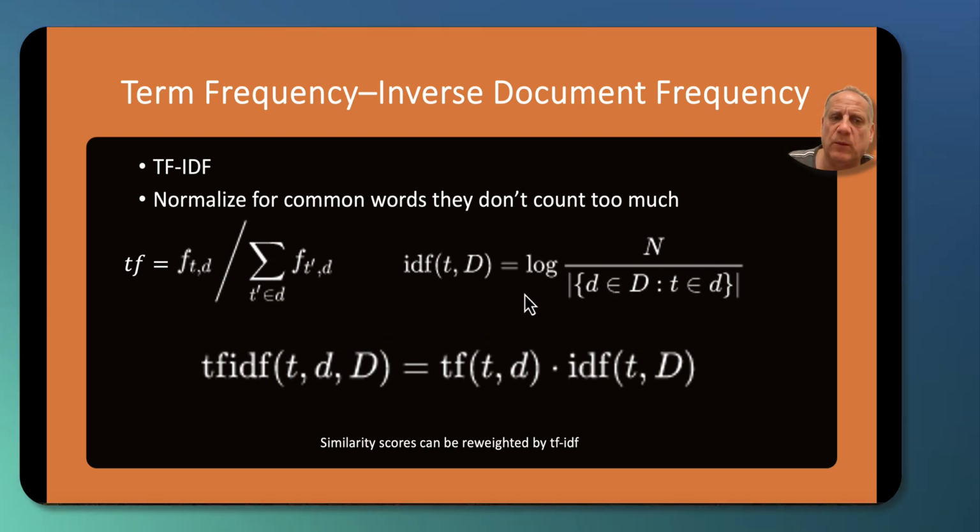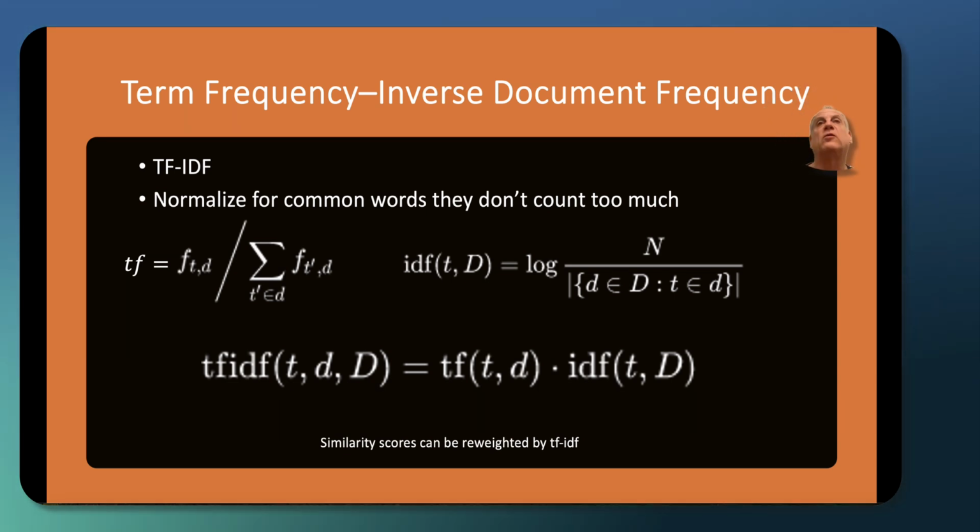And then when we multiply these together, we reweight. So if a word is extremely common, it has to appear much more for it to be distinctive in that document. And if a word is not so common in the corpus, then it doesn't have to appear as much to be kind of important.